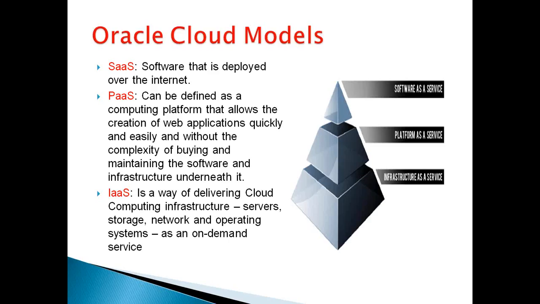So physically they have to acquire all the servers, database, everything, and that gives an initial cost. If they adopt infrastructure as a service, everything will be on demand and it is all charged on a subscription basis.